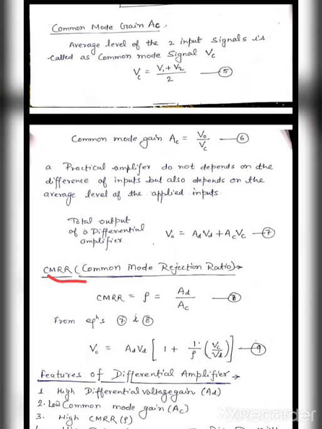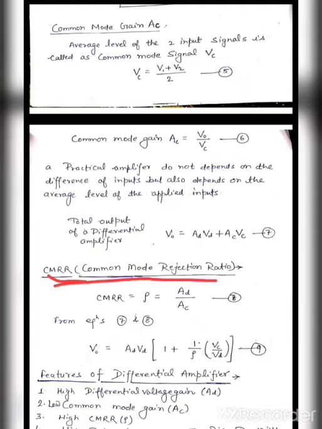In common mode configuration of a differential amplifier, many noise signals appear as common input to both terminals of the amplifier.